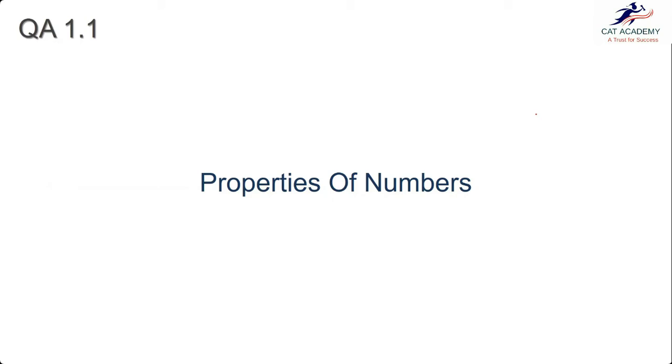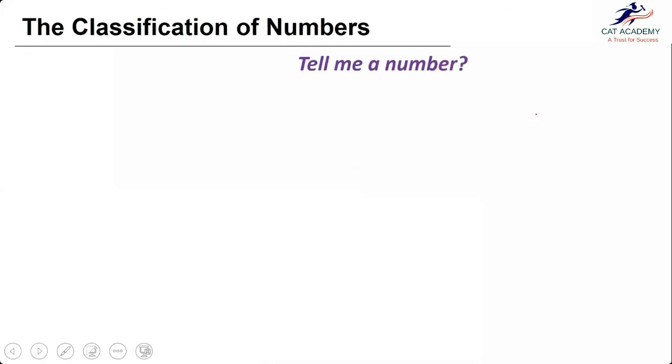Whenever I speak of numbers, which is the first number that you usually think of? 1 is the first number that usually we think of, because we don't want to start on a negative note. So 0 is not the first number that we think of. We start from 1, right? So 1, 2, 3, 4, 5, all these kinds of numbers I can think of.